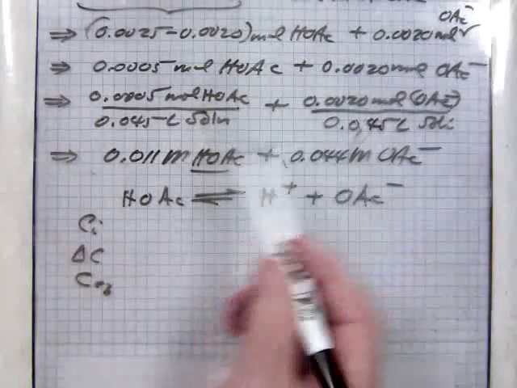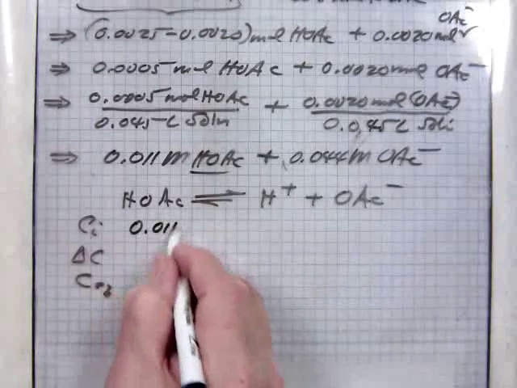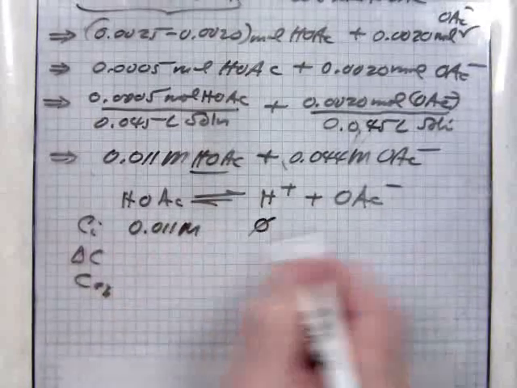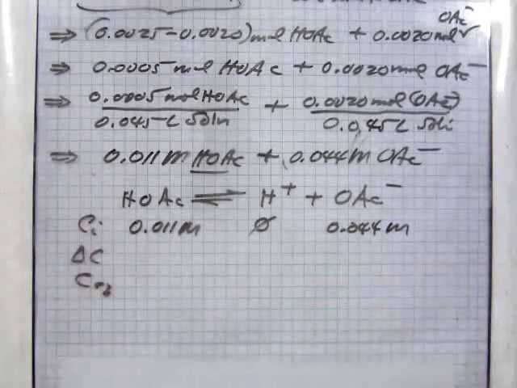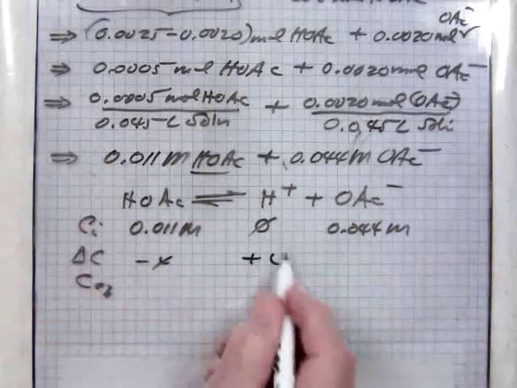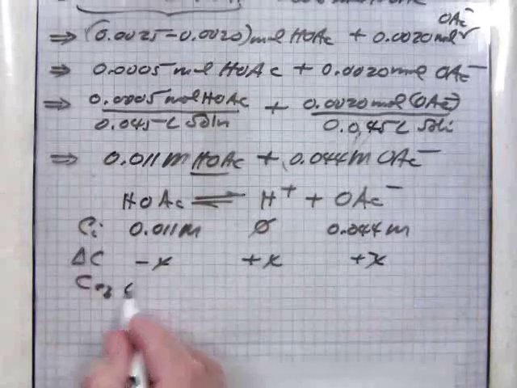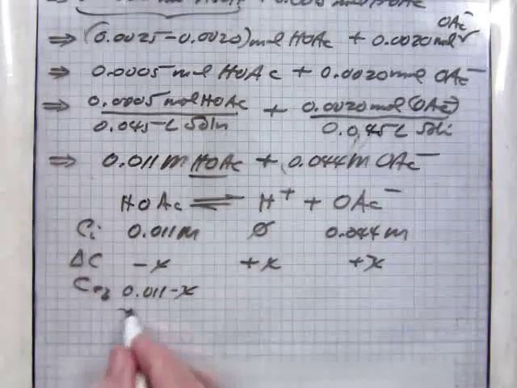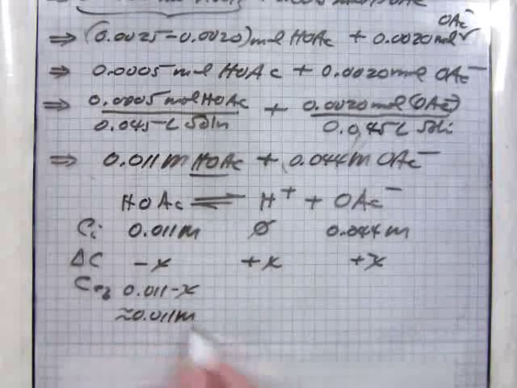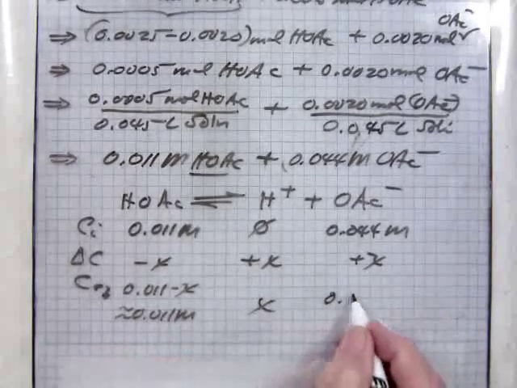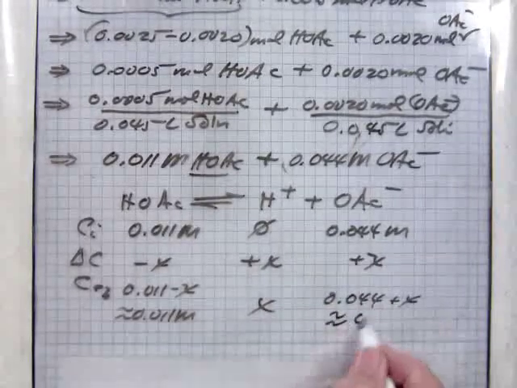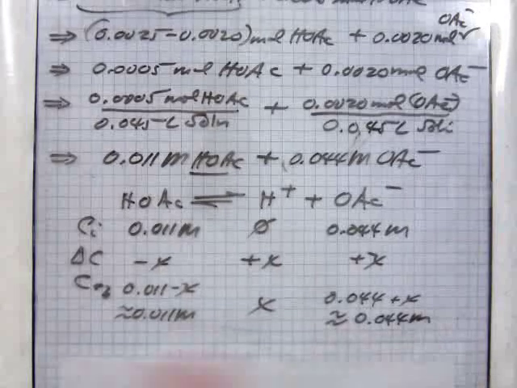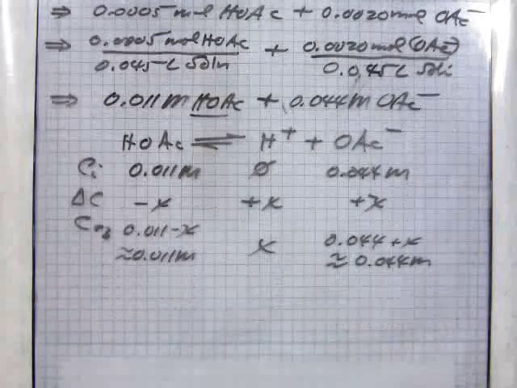So we have 0.011 molar here, 0, and 0.044 molar there, and minus x, and plus x, which is what you need to use to calculate your hydronium ion concentration now.